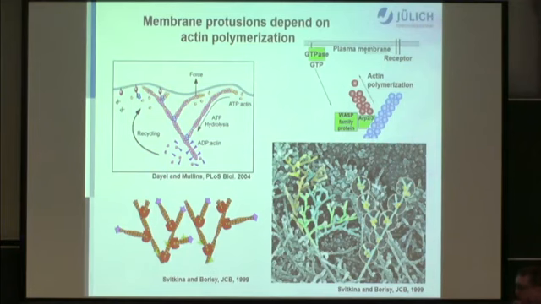It's for me really a very fantastic electron micrograph, and you see here the actin filaments continuously branching, and by this the actin network can push the membrane effectively in direction of migration.